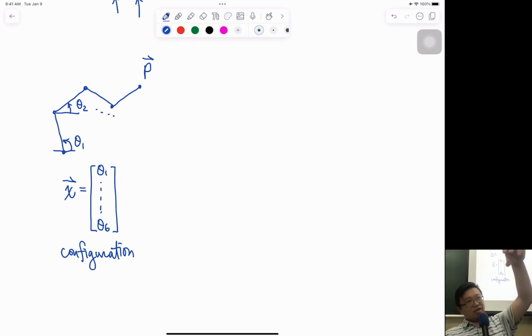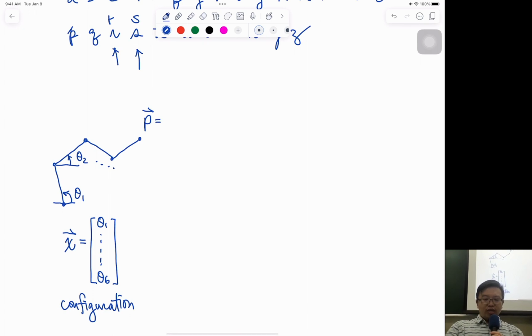That configuration is going to be defined by the collection of joint angles, okay? And P point, you can say it's a three-dimensional point, but in fact you are controlling the coordinate attached to the end effector.